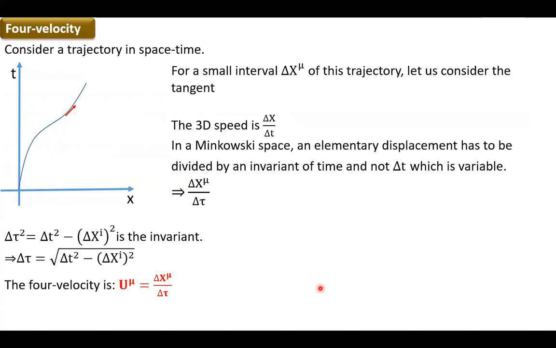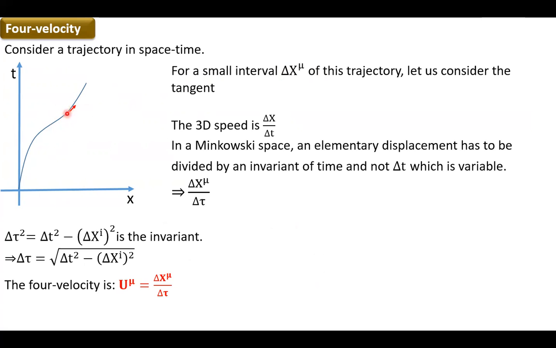Now, if this position is variable, and if your object is moving in space-time, you can calculate the rate of variation of this position with time. That gives you the velocity. So the definition of velocity is the rate of displacement with time. If you have a curve in space-time of a certain object moving at a speed v, you consider an elementary displacement delta x.